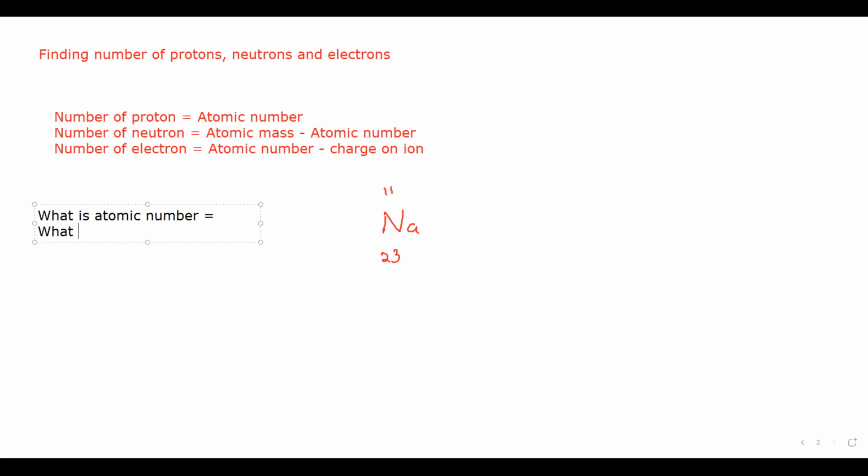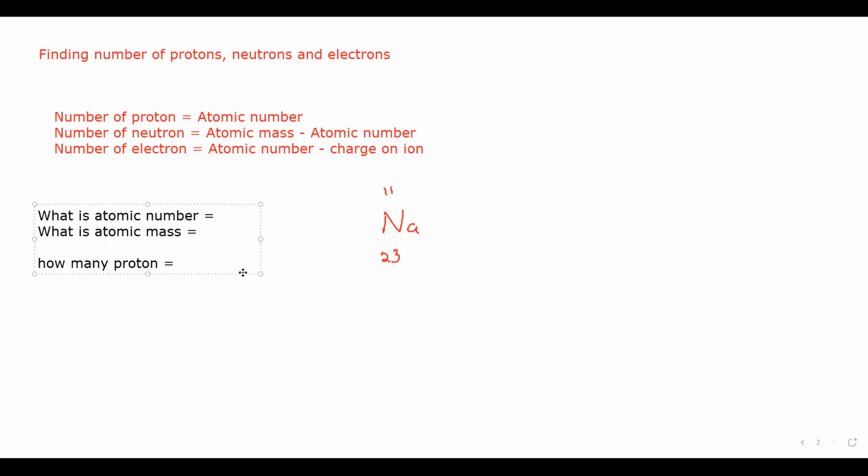Then what is atomic mass? What is the atomic mass of sodium? You can say atomic mass or you can also say mass number. So atomic mass is equal to 23. Then how to work out how many neutrons there are?